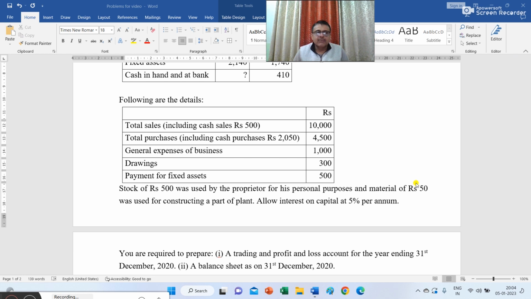Stock of rupees 500 was used by the proprietor for his personal purposes, and material of rupees 50 was used for constructing a part of plant. Allow interest on capital at 5% per annum. You are required to prepare a trading and profit and loss account for the year ending 31st December 2020 and a balance sheet as on 31st December 2020.